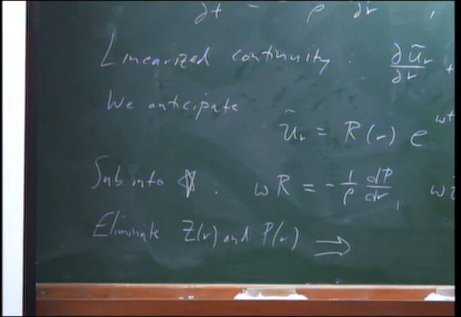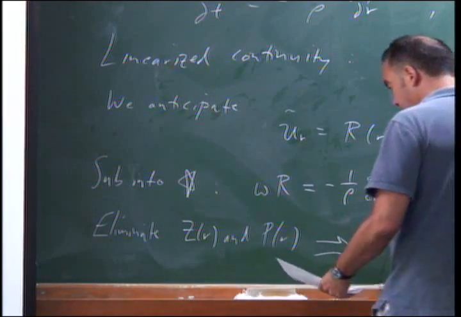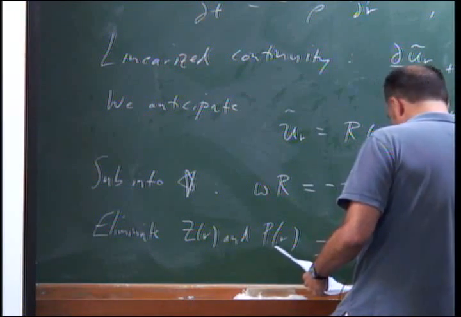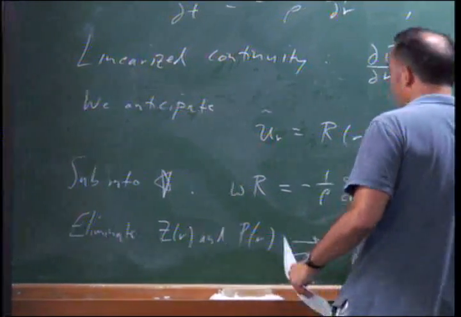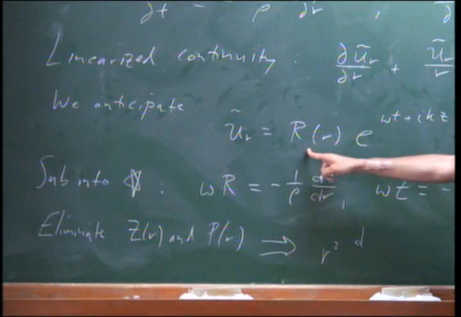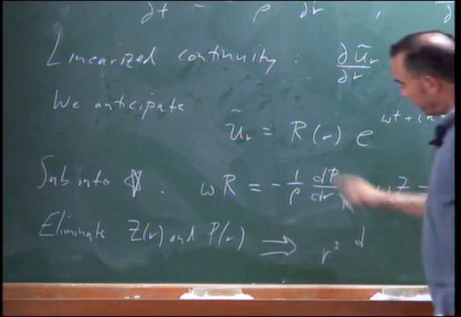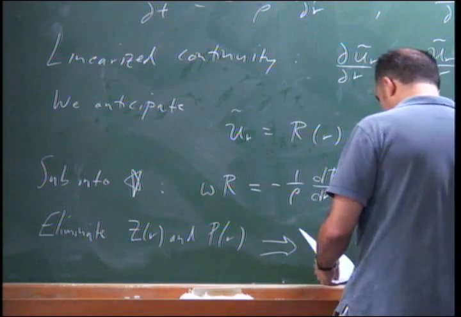So if we eliminate z and p, we have three equations, three unknowns, so we can get one equation for the one unknown, that being R, which is the radial eigenfunction on the radial velocity.